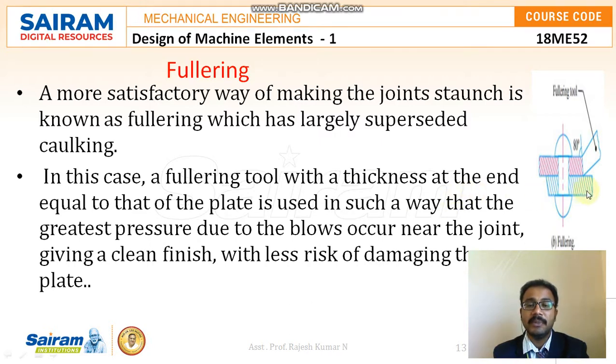In this case, we use a fullering tool with a thickness at the end equal to the plate, used in such a way that the greatest pressure due to the blows occurs near the joint, giving a clean finish with less risk of damaging the plate. These are the drawbacks which usually happen in the caulking process, but the fullering process overcomes them. So this is very important.